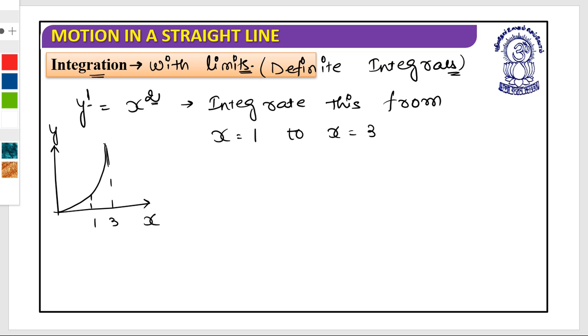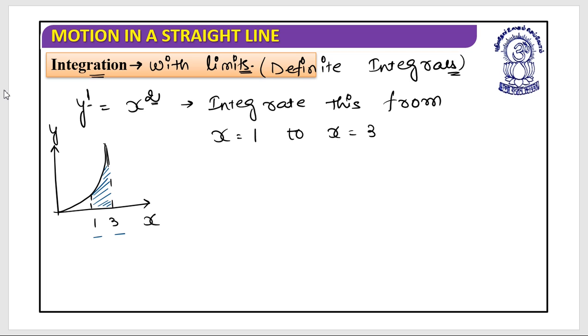You need to find the area of this. That means you need to simply integrate this.